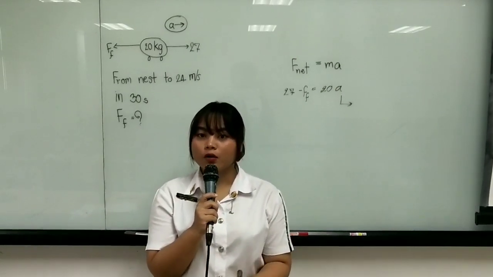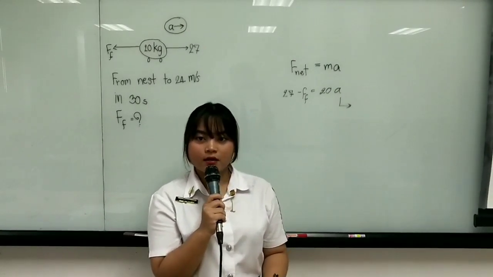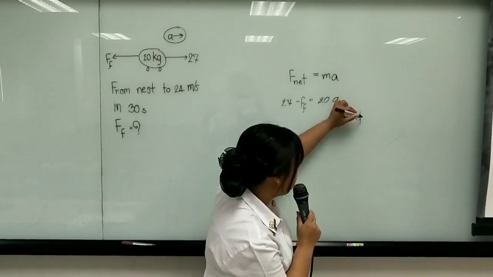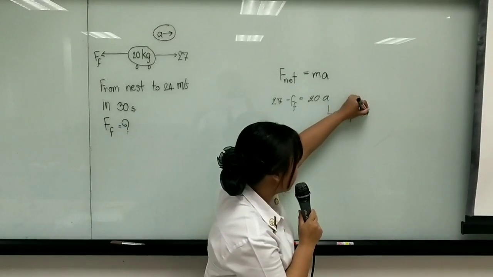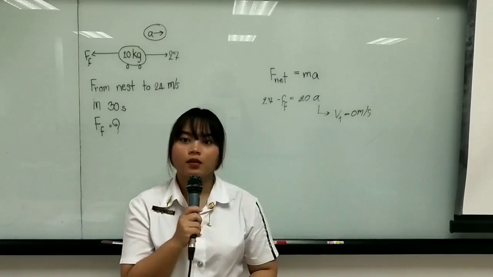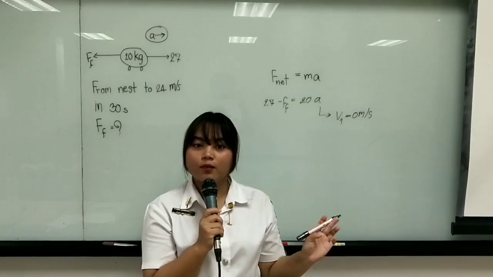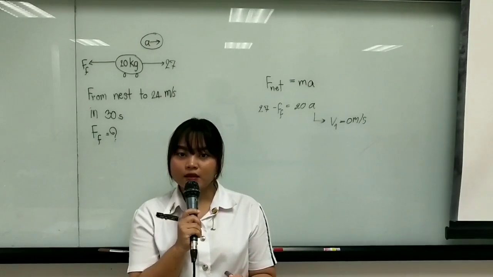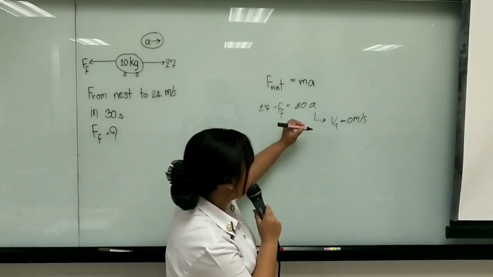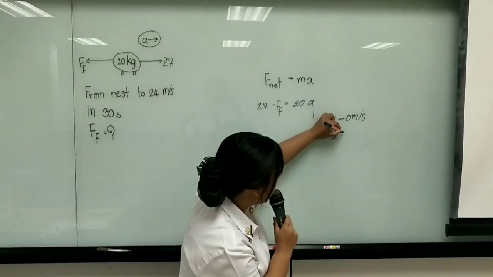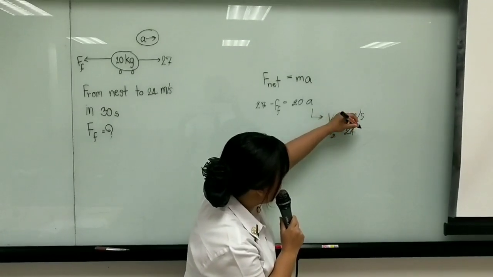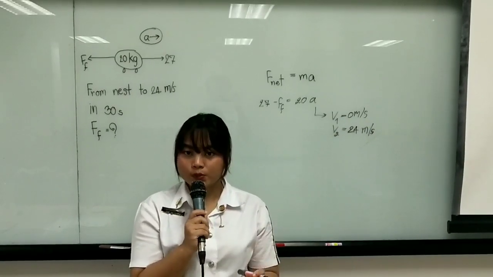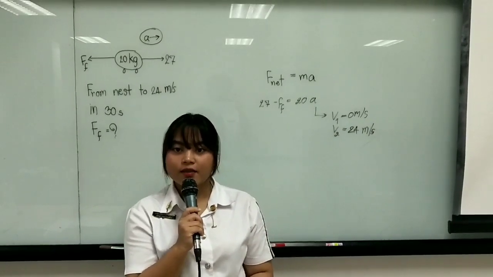I have some other variables: v1 equals 0 meters per second, because it starts from rest. It reaches a velocity of 24 meters per second, which is pretty fast, in 30 seconds.